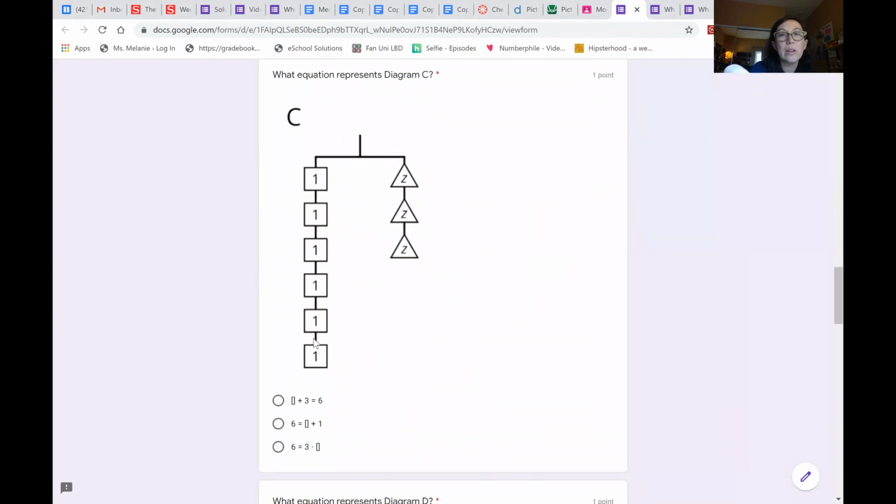So the other two options will probably be those. All right, so right here we have 1, 2, 3, 4, 5, 6 equal to 3 times the value of z. You could also write it as 1 plus 1 plus 1 plus 1 plus 1 plus 1 equals z plus z plus z. But we can then evaluate each expression on each side of the equation, and 1 plus 1 plus 1 plus 1 plus 1 plus 1 is 6.